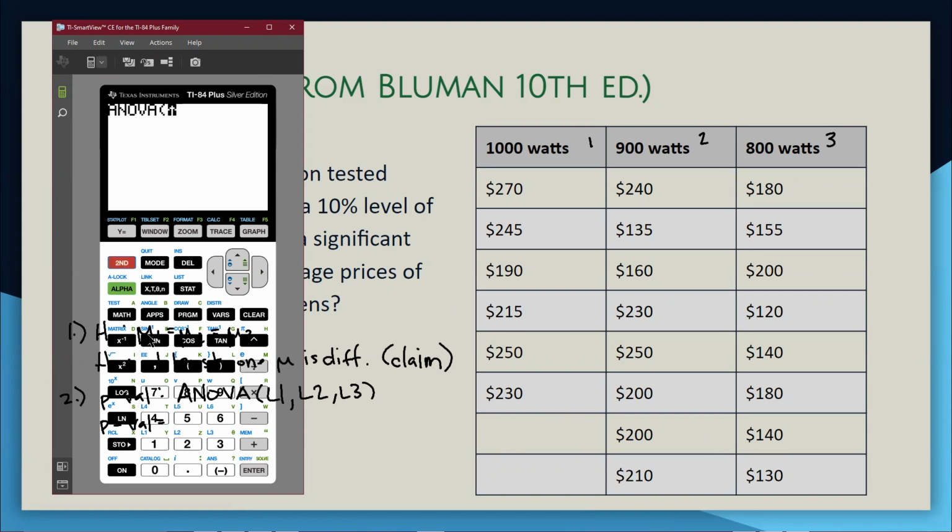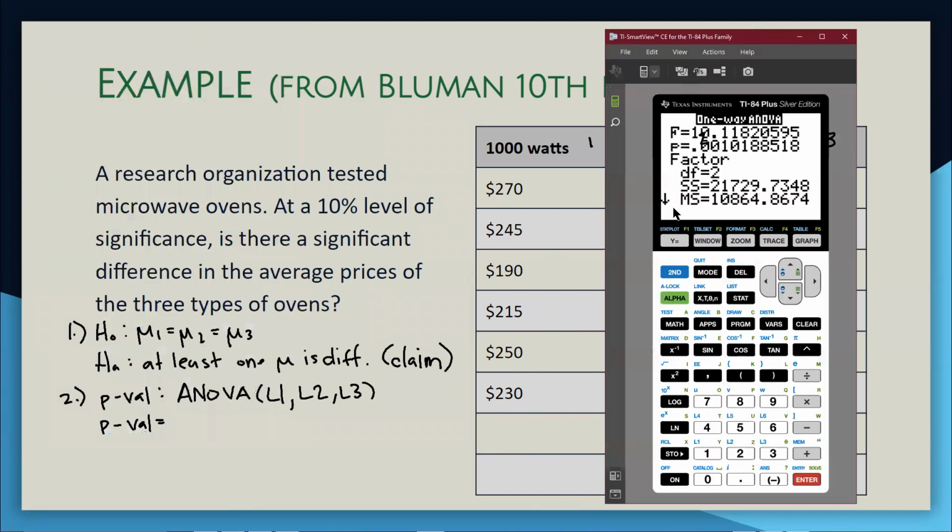I've got 3 lists, list 1, list 2, list 3. And I get a test statistic of 10.1 and a p-value of 0.001.